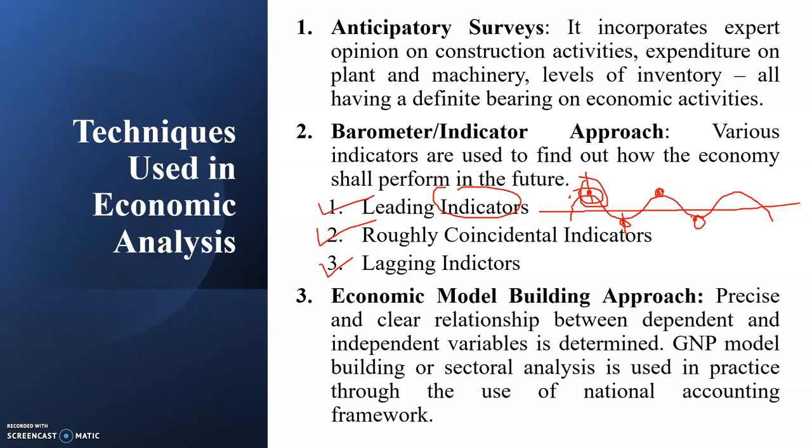Then we have S&P, BSE or Sensex stock prices. These are also leading indicators because these index stock prices indicate in which direction the economy is going. Suppose they are reaching the lowest point, that would indicate that in the near future the economy is also going a little down.